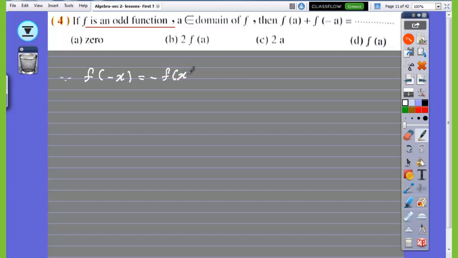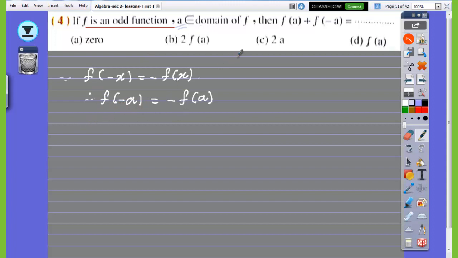It is a definition. So f of negative a equals negative f of a for every element a belongs to the domain. For every element belongs to the domain, we have f of negative a equals negative f of a.